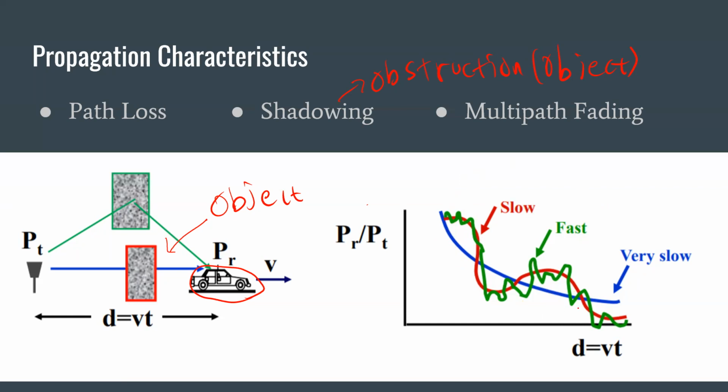This is an important factor to consider when, for example, designing a signaling system, because the green line makes it unpredictable.